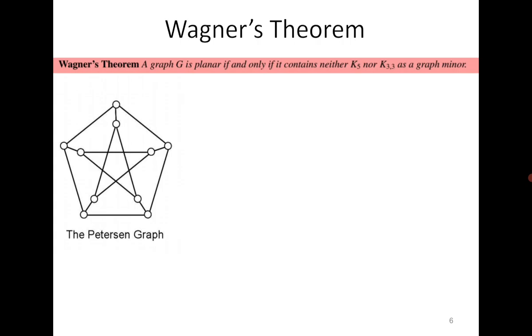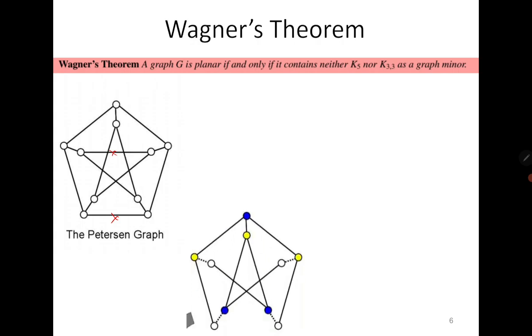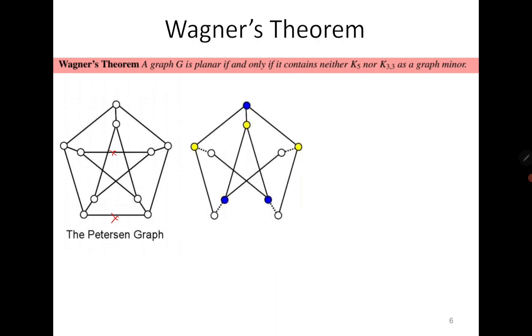So if you recall the Petersen graph, then it has a subgraph which is homeomorphic to K3,3. Yes. So to have this homeomorphic to K3,3, if you recall, we deleted these two edges, and this is how the graph looks like, which is a subdivision of K3,3.